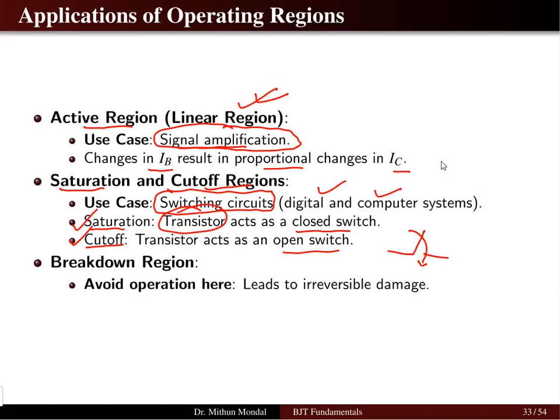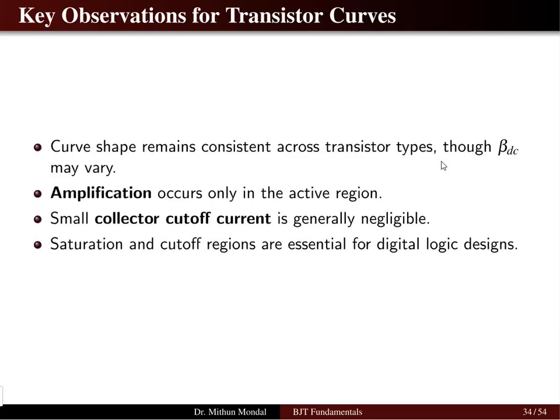So the transistor will act as a switch in the saturation and cutoff regions, and the transistor will act as a power amplification source in the active region. The breakdown region you should avoid because it will lead to irreversible damage to the transistor. The key observation for the transistor curves is that the curve shape remains consistent across transistor types, while beta DC may vary for a particular case.